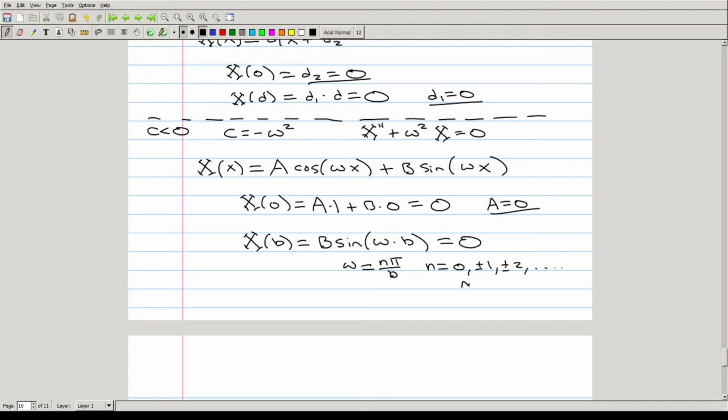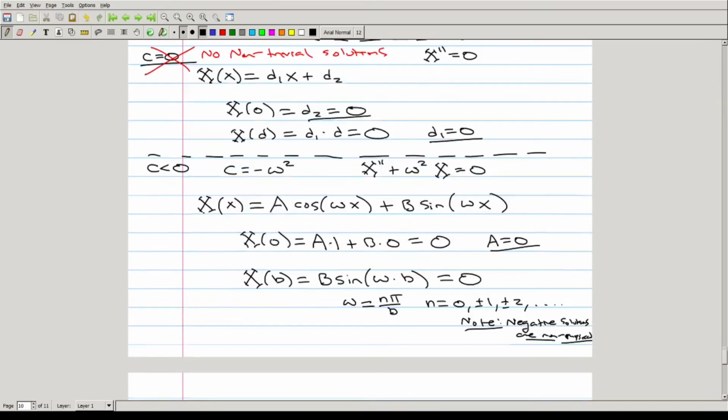And I want to note that the negatives are non-physical. Which is why we can take the following step.